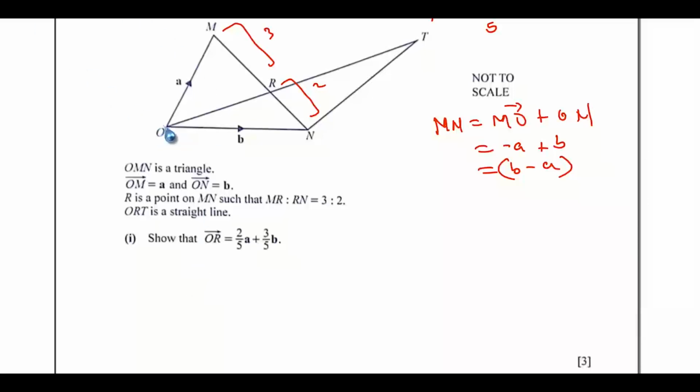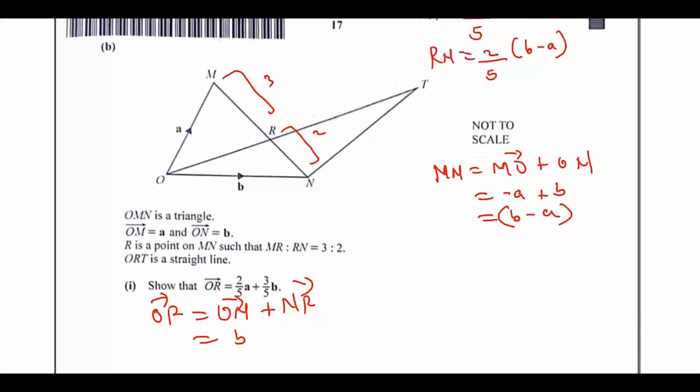Vector OR is equal to ON plus NR. So I can write vector OR to be equal to ON plus NR. ON is B, then NR is this.